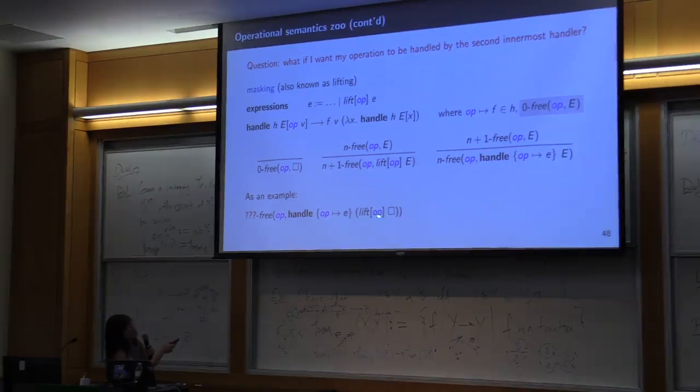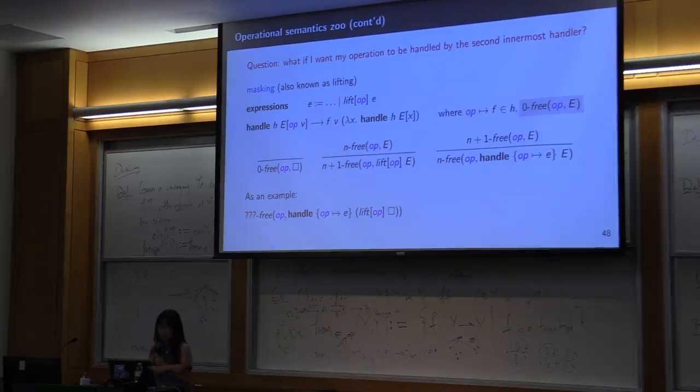And what I have under the handler is the lift, and the lift is 1 free if the innermost evaluation context is 0 free, and an empty evaluation context is 0 free. Now, when you try to handle an operation using some handler, this handler is actually going to be skipped, because this whole evaluation context becomes this capital E in that 0 free location.